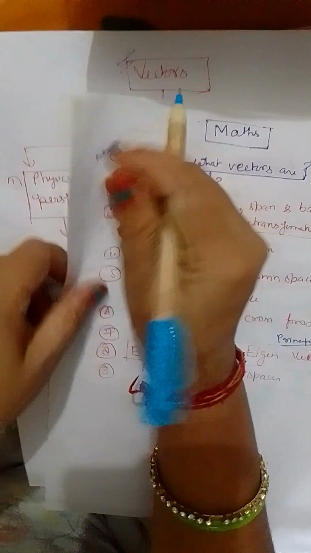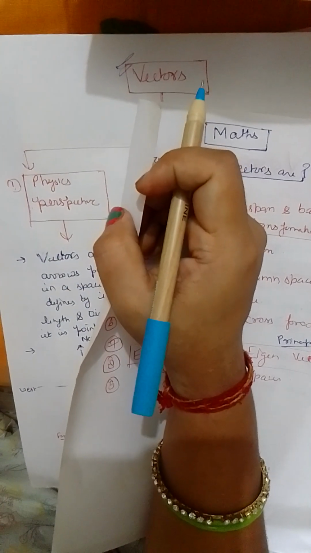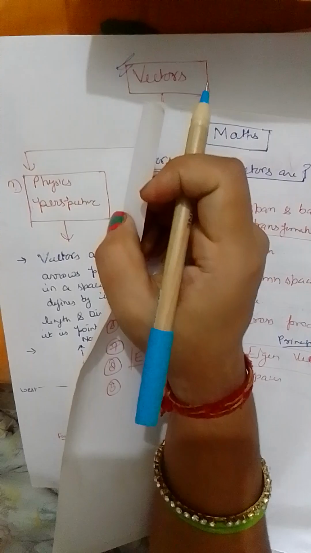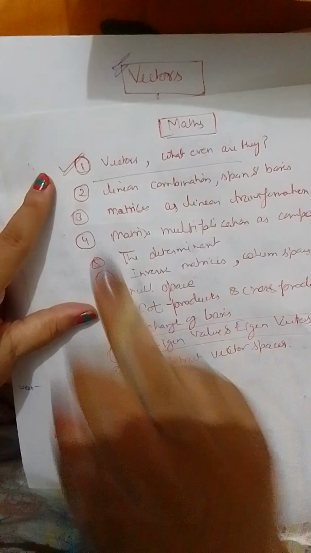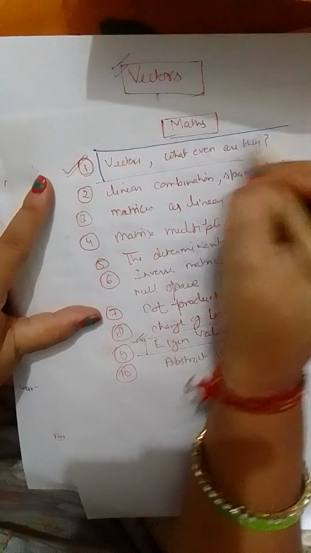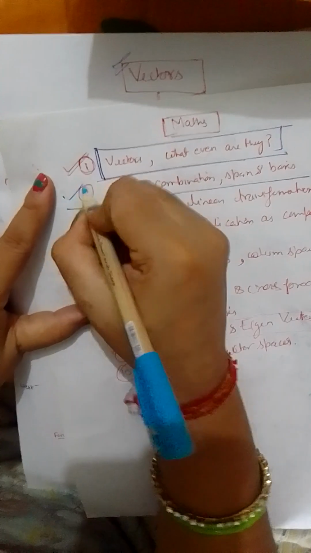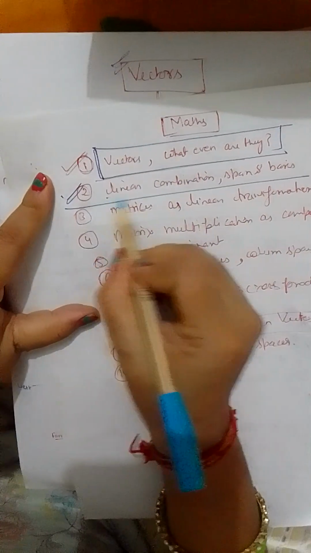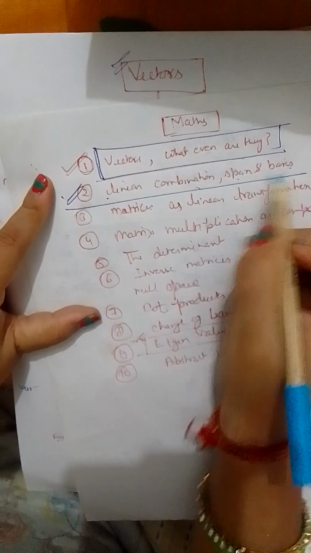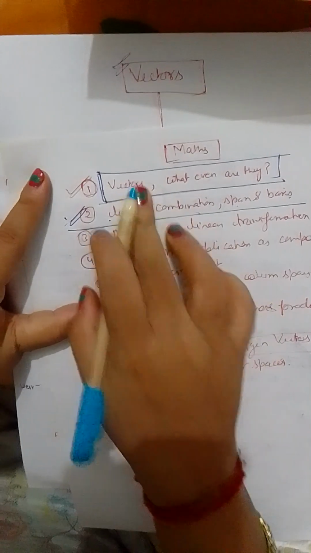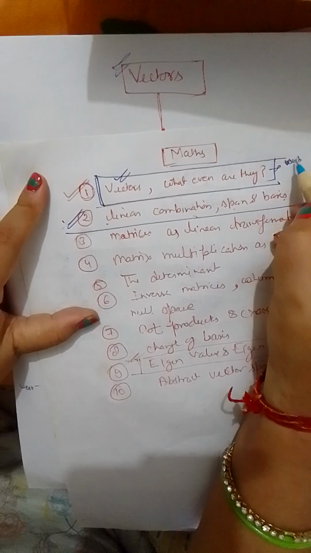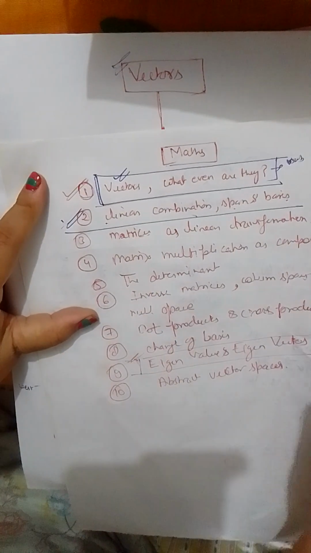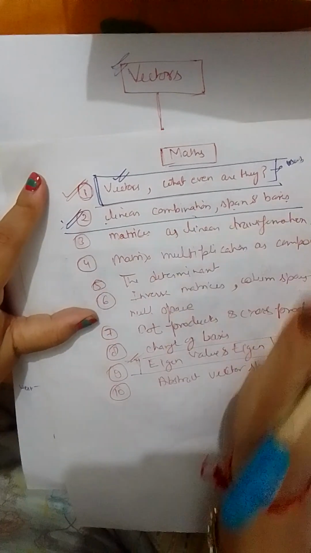According to the syllabus, I have finished in this video what vectors are and what even are they. Now in my next video I'll teach you linear combination, spaces and bases. Before that I'll teach you one subpart of vectors, so that you don't get confused when I jump to the linear combination part.